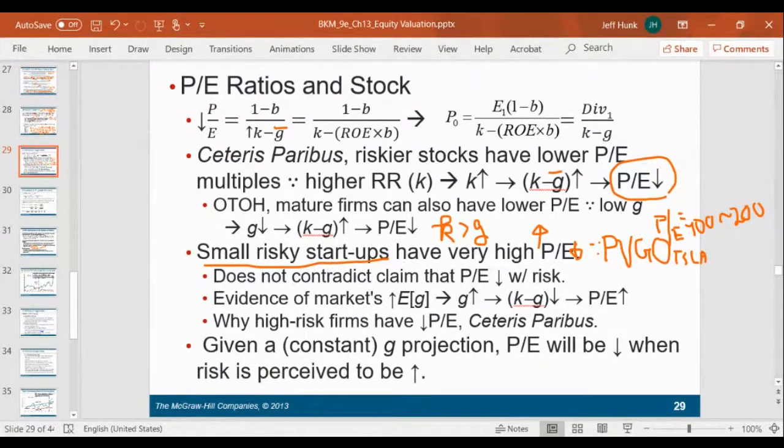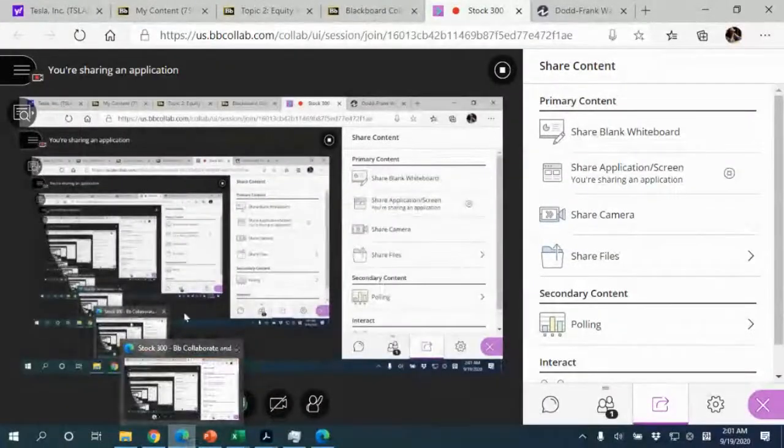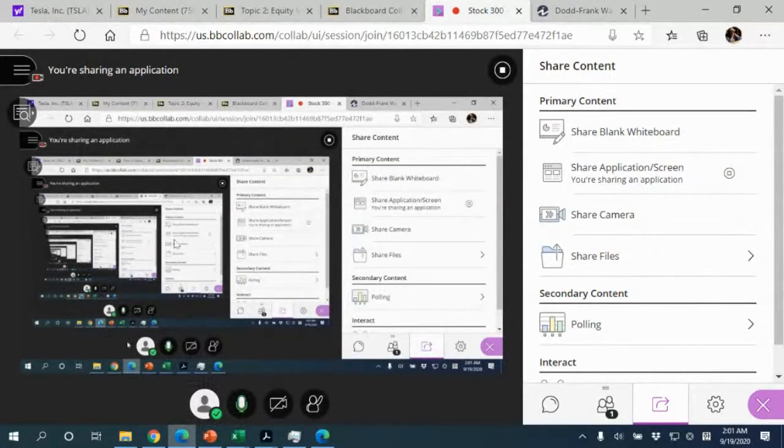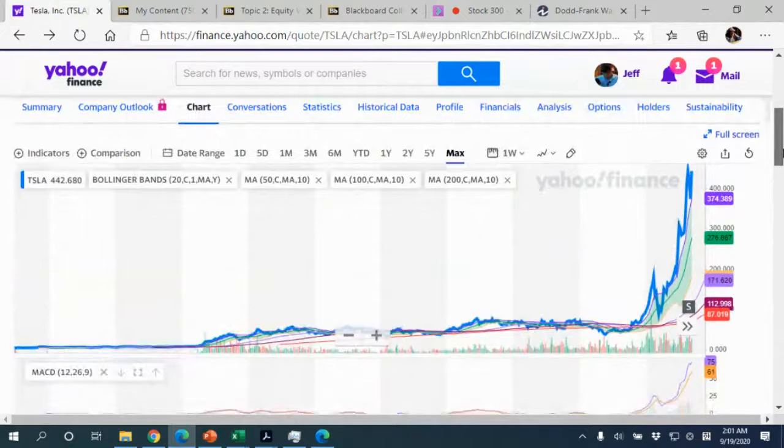I have to share the application screen. I hope you should be able to see this too, because I cannot verify it. Okay, and let's see, I'm looking at Tesla. I'm hoping that this is Tesla.